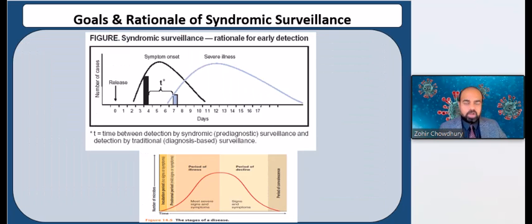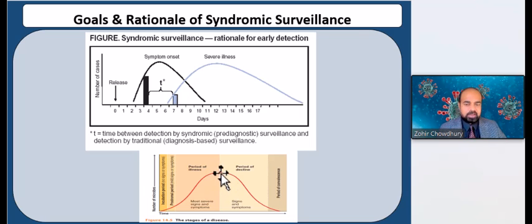The goals and rationale of syndromic surveillance can be depicted here. When we have an illness, we have the incubation period, and then slowly the symptoms start rising until they become serious and you have the full-blown illness.